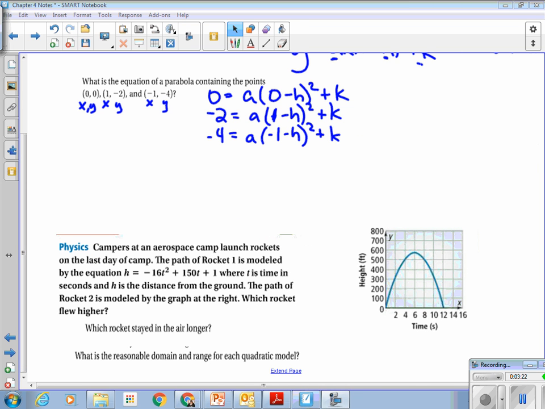All right, so we want to simplify these so that we can find important information. So for my first equation where I plugged in (0, 0), I'm going to get 0 equals a times h squared plus k.